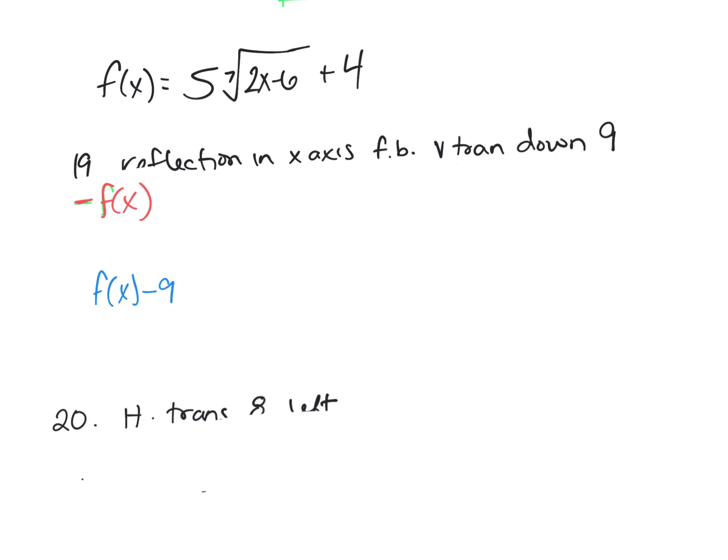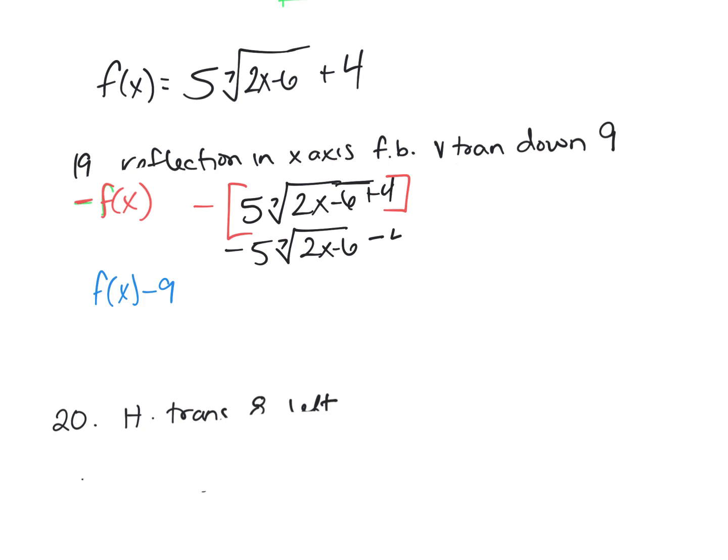So we're going to multiply the whole thing by a negative. 5 times the 7th root of 2x minus 6 plus 4. And that becomes negative 5, 7th root, 2x minus 6 minus 4. You have to distribute it to the vertical translation on the end, okay?